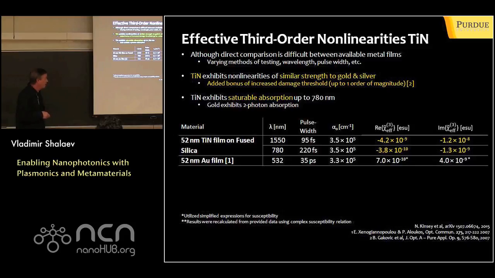That work was done by Nate Kinsey. He was the leading person on this project. So you see this material has all these robust, durable properties, but it also shows pretty good nonlinear response. Altogether, it's indeed a very promising plasmonic material for real-life applications.